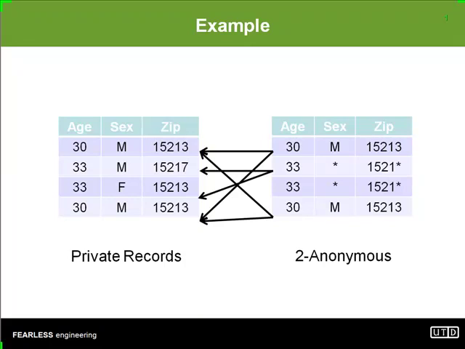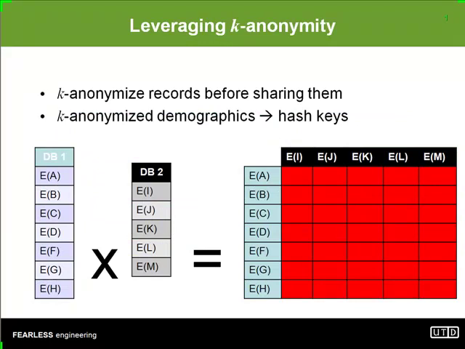So what we also do, as a part of the system, is use this kind of anonymized data to do the initial blocking. In other words, as was mentioned in the morning, you don't want to match 1 million records to 1 million records because you will have 1 trillion comparisons, and so on.